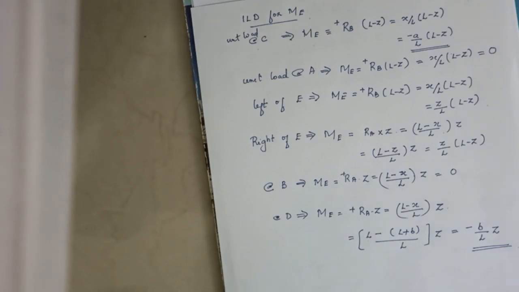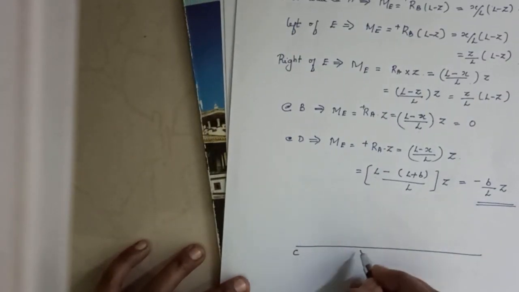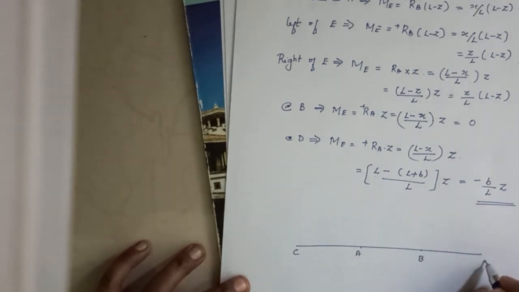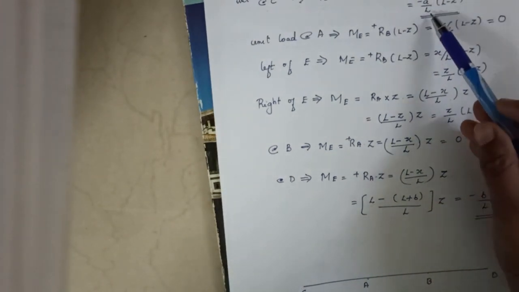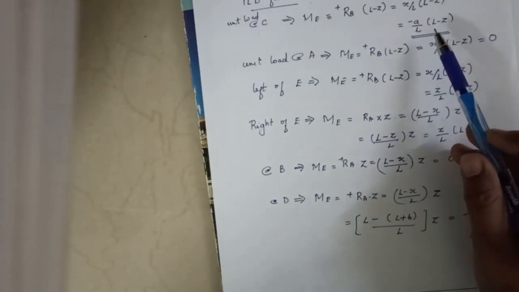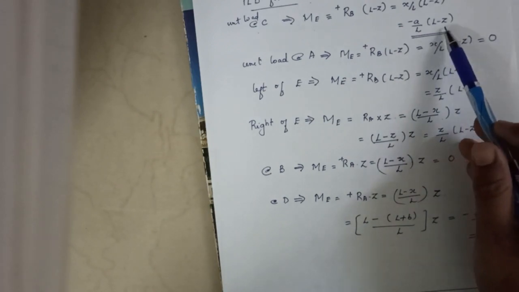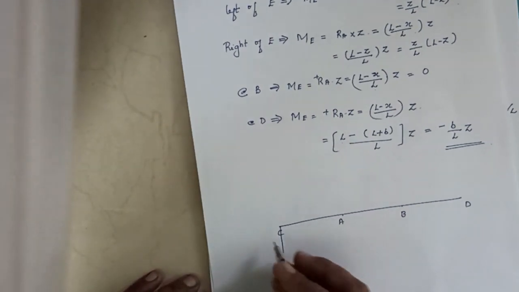Therefore the influence line diagram will be, at C it is equal to minus A by L into (L minus Z). So minus, downward.